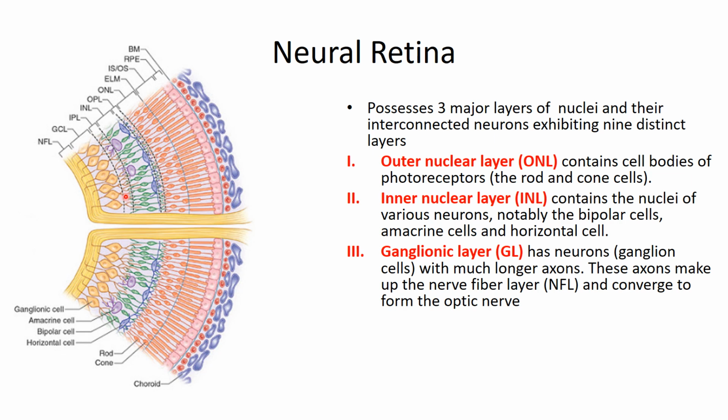And this ganglion cell layer has large neuronal cell bodies with longer axons, and these axonal fibers finally make the superficial nerve fiber layer, which converges to form the optic nerve.